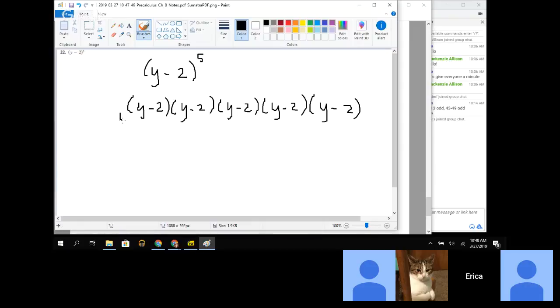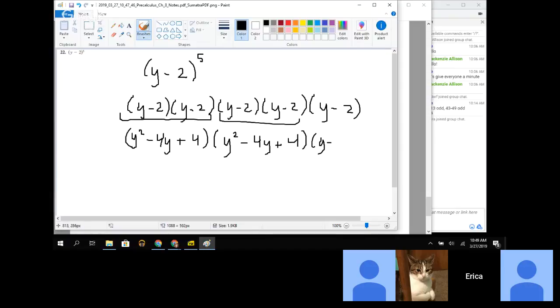You're going to need to FOIL these two together and then FOIL these two together, and then you still have this on the end. So, you'd have y squared minus 4y plus 4 times y squared minus 4y plus 4 times y minus 2.